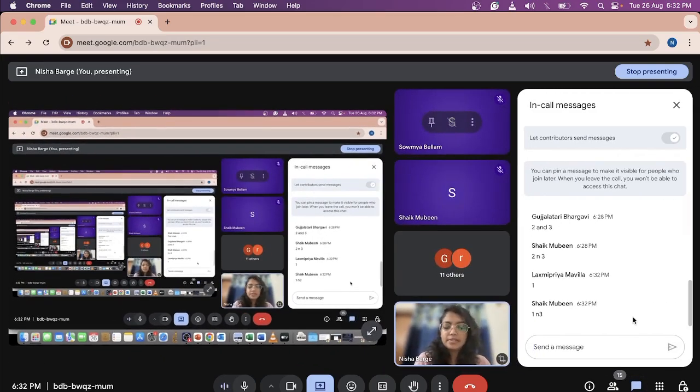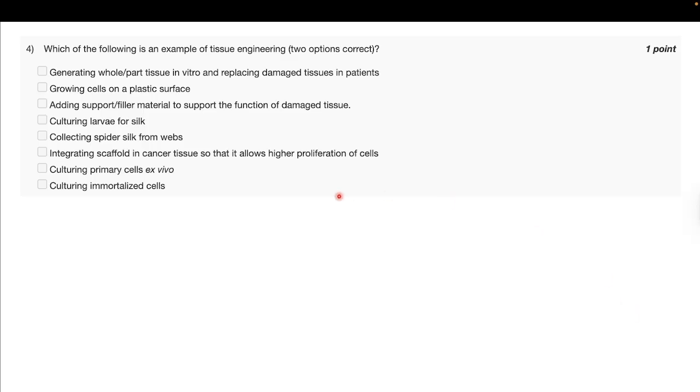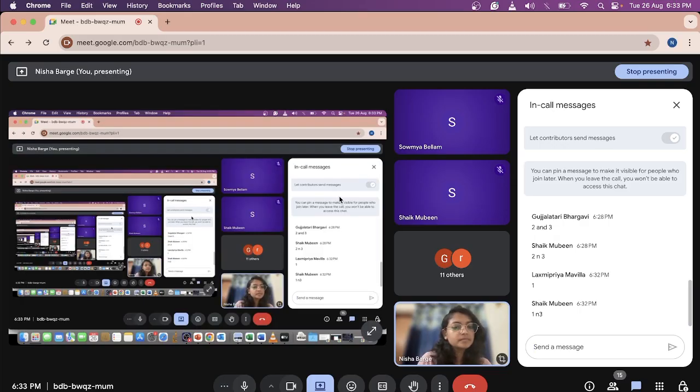Okay, someone is saying option 1. So you have to choose two options. Somebody has answered as option 1. Another person is saying option 1 and 3. Okay, thank you for answering, both of you. Anybody else has any other answers?